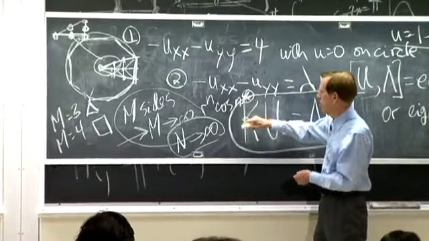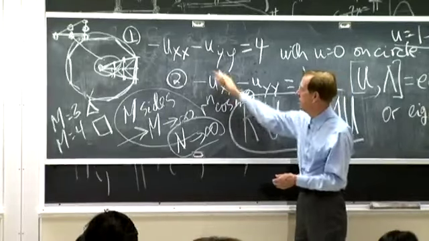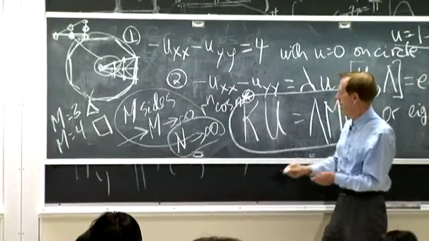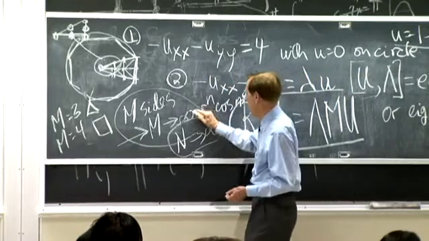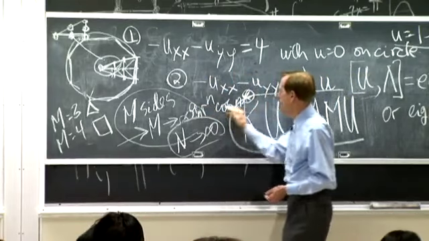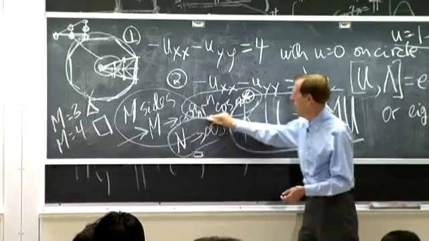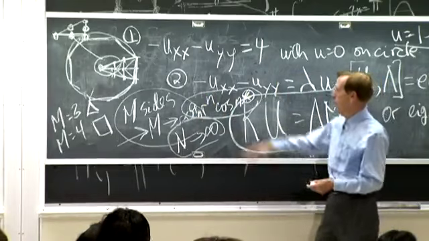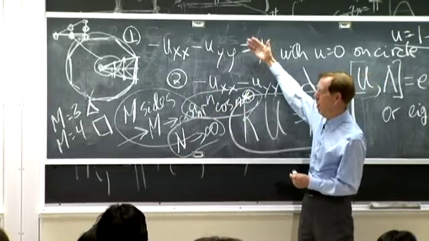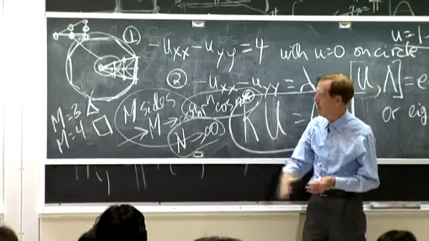You remember those are the typical solutions to Laplace's equation, with some coefficient a_n. That might be a piece of the error.